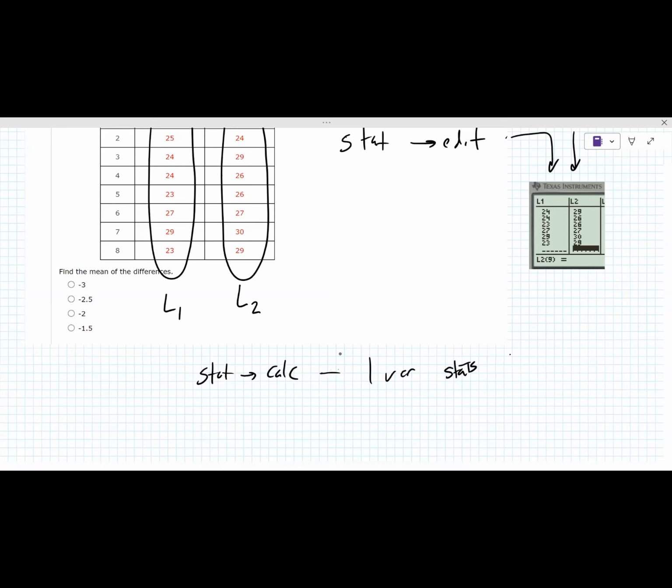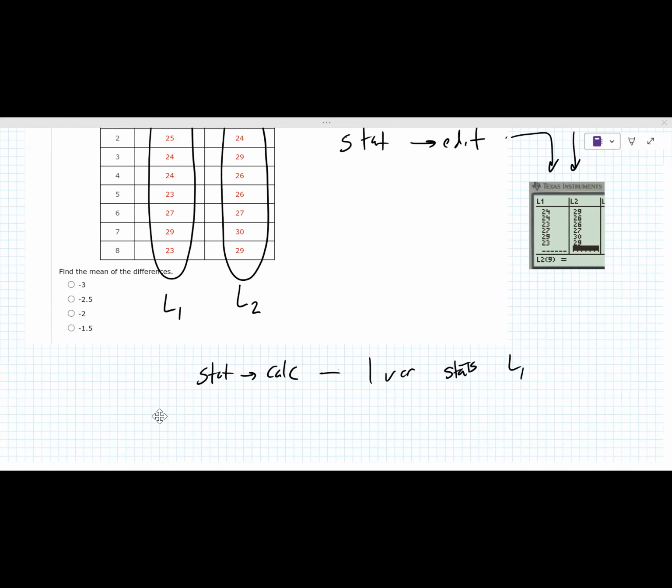List one. And so you just want to get the average of list one. So it's blinking on list one. You just want to choose it and then hit enter. The frequency list, ignore that. You don't need that. Okay, I got it.